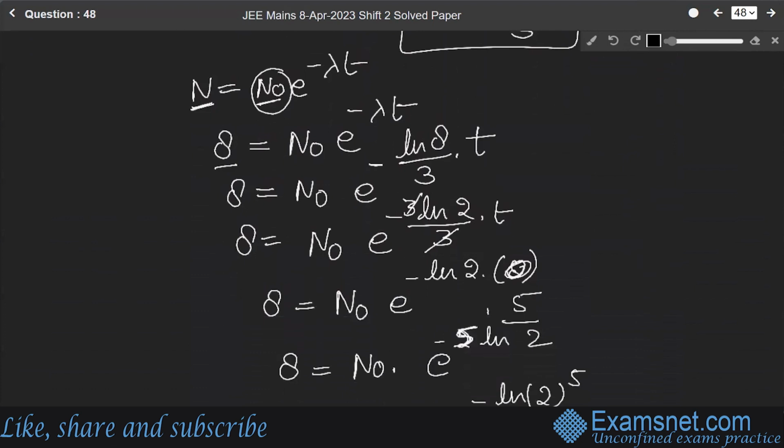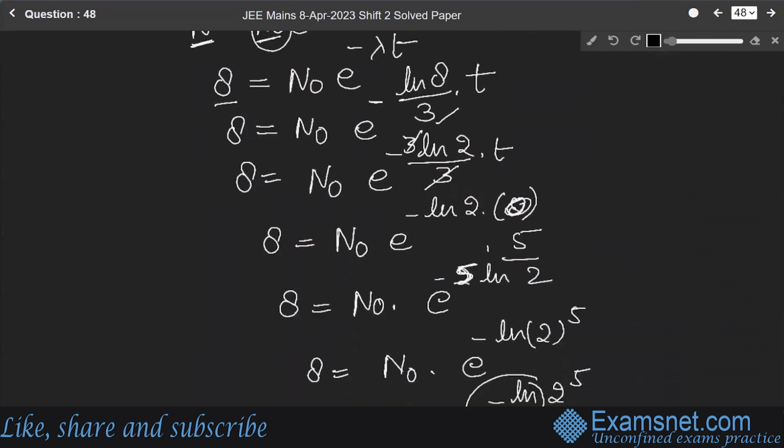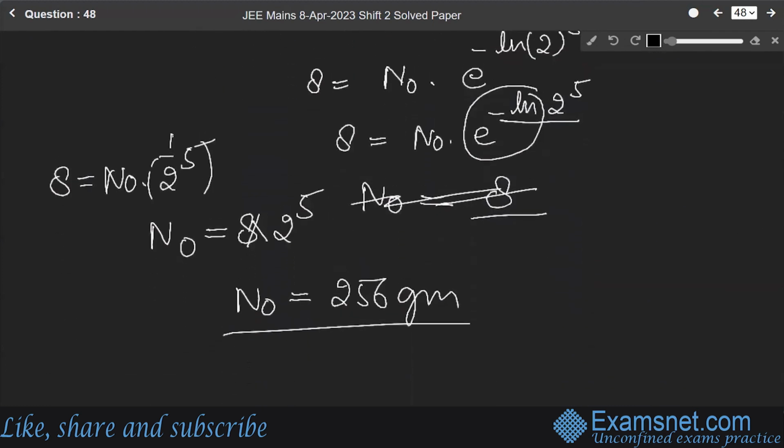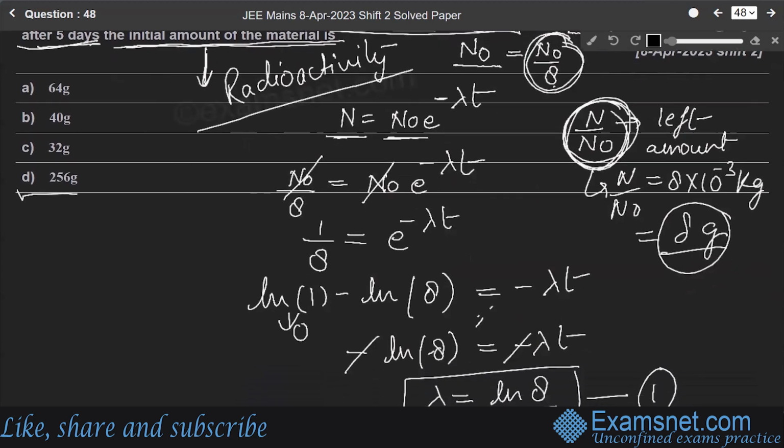Since we get the value of lambda as ln 8 by 3, putting this value here and putting t as 5, we get 8 equals n naught times 1 over 2 raised to the power 5. Since there is a minus sign, that's why we write 1 over 2 raised to the power 5. So n naught becomes 8 into 2 raised to the power 5. Therefore n naught is 256 gram. So our correct answer is option D, 256 gram.